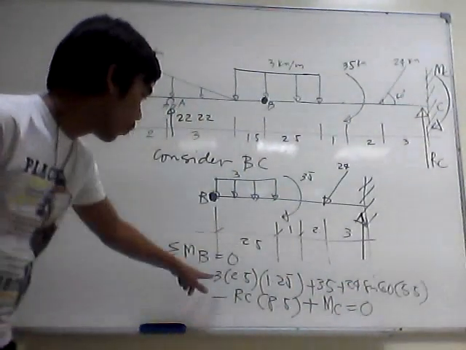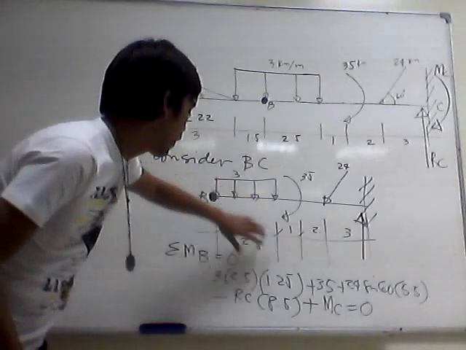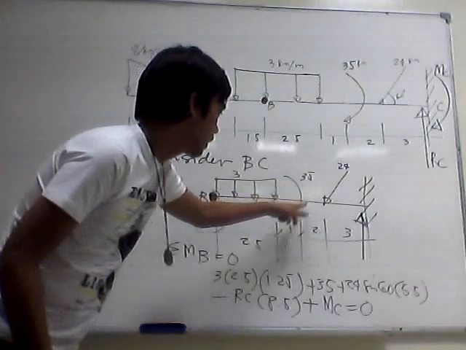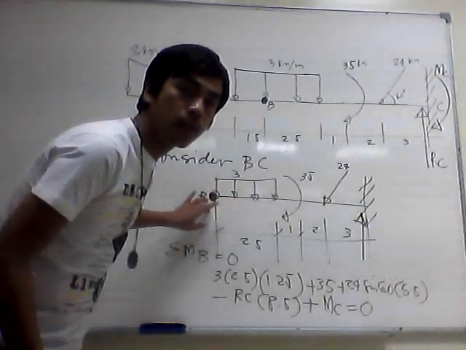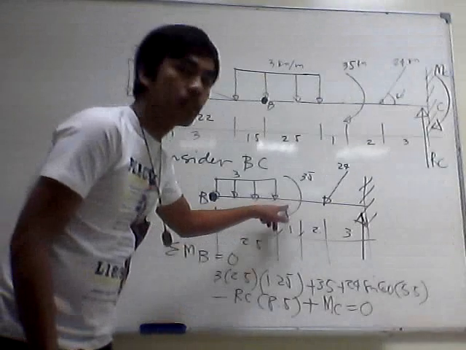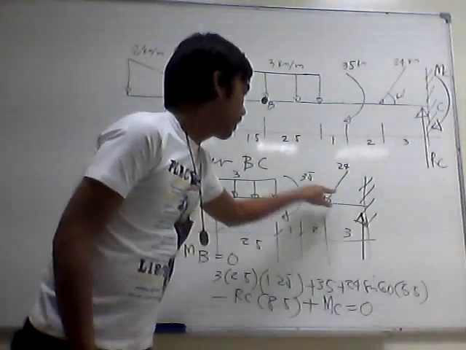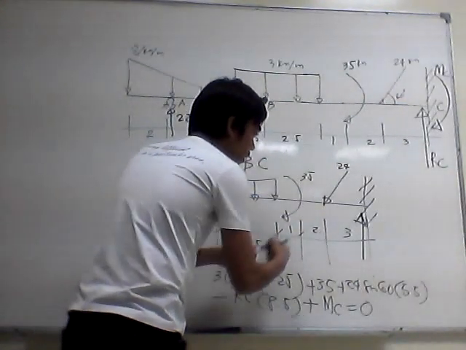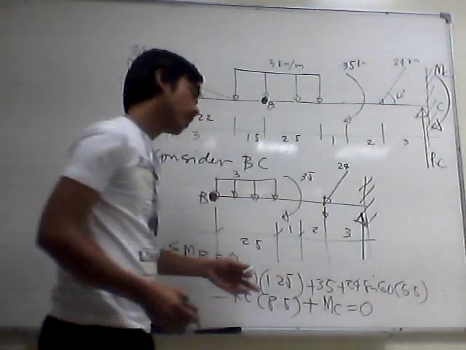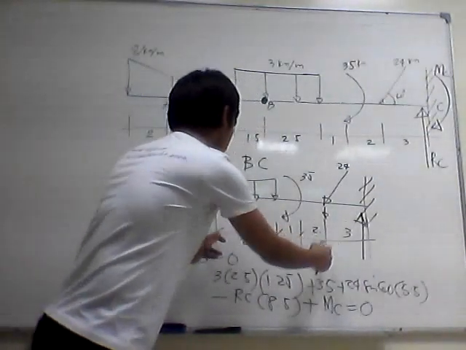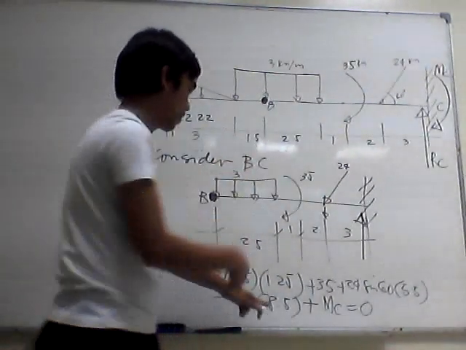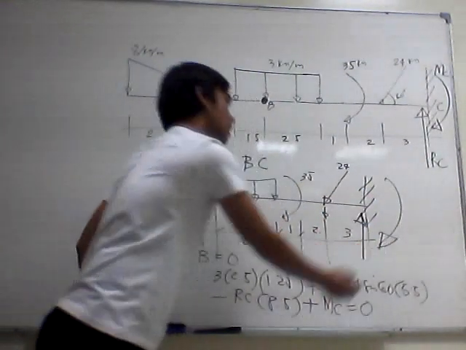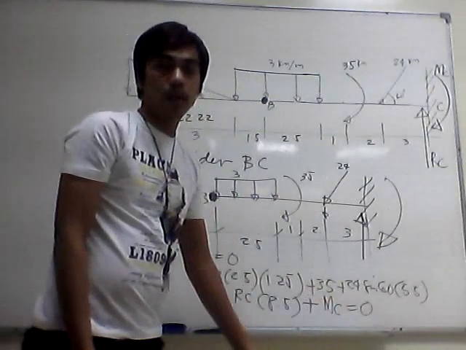So again, we have 3 multiplied by 2.5 times the moment arm 1.25, plus 35, the external moment here. Do not multiply it by the distance because this is already a moment. Plus 24 sine 60, because we only consider the vertical component of the inclined load, multiplied by 5.5, minus RC multiplied by 8.5, plus the moment at C is equal to 0.